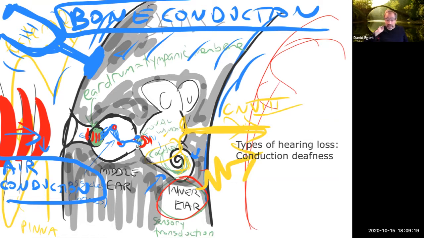So there's anything that keeps the sound from getting into the ear canal, or keeps the eardrum from vibrating, or keeps the little bones from transmitting the vibration to the oval window. Any of that could be something that causes conduction deafness. So are there questions about what I mean by that?